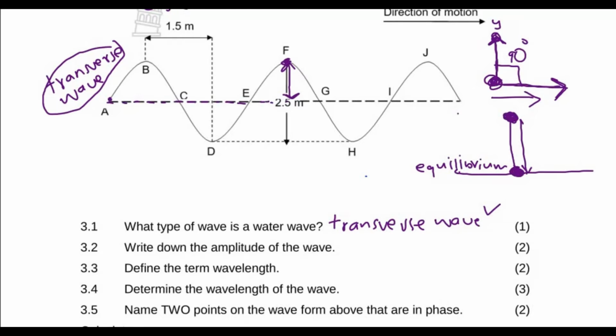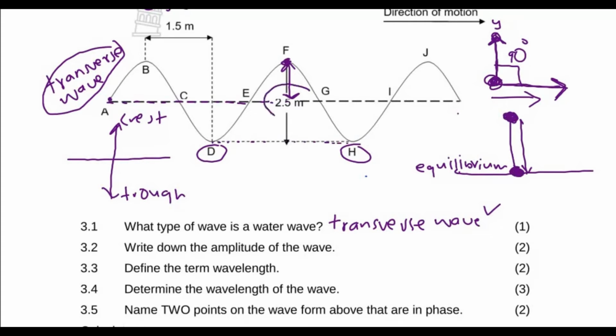We're not given that value, but we are given the value from the trough, so D and H represent the trough, the lowest points on this wave, to the crest. So we're given this distance from crest to trough, and that is given as 2.5 meters.